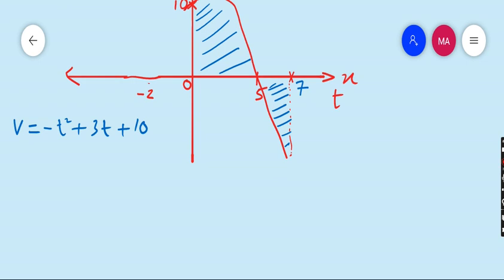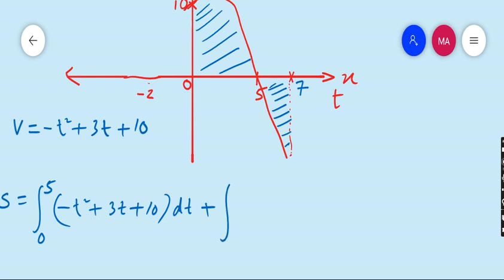Area under the curve means we have to integrate. So s equals integral from 0 to 5 of minus t square plus 3t plus 10 dt, plus integral from 5 to 7 of minus t square plus 3t plus 10 dt.